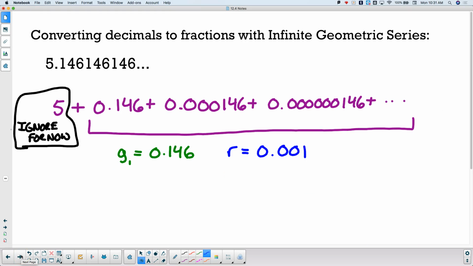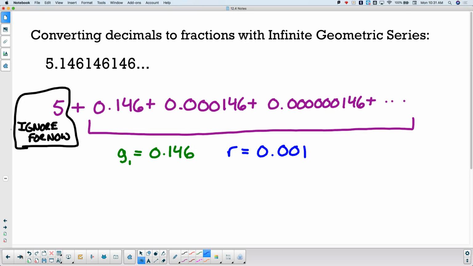Here now, we have 3 digits repeating, and our R value is 0.001. If I had 5 digits repeating, what would my R value be? 0.00001.